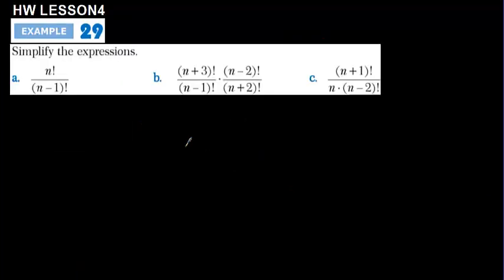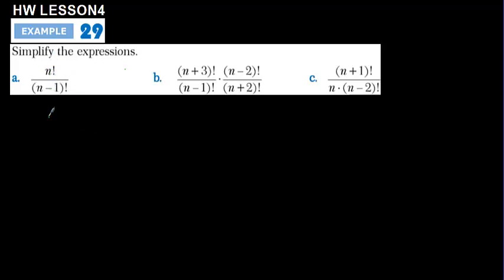Okay. For this type of question, we have to know which number is bigger here. As you see, n plus 3 is bigger than n minus 2 or n plus 2. That's why when you open n plus 3 factorial, there should be n plus 2 factorial and n minus 2 factorial inside. Also n factorial is bigger than n minus 1, so you can open the n factorial part.